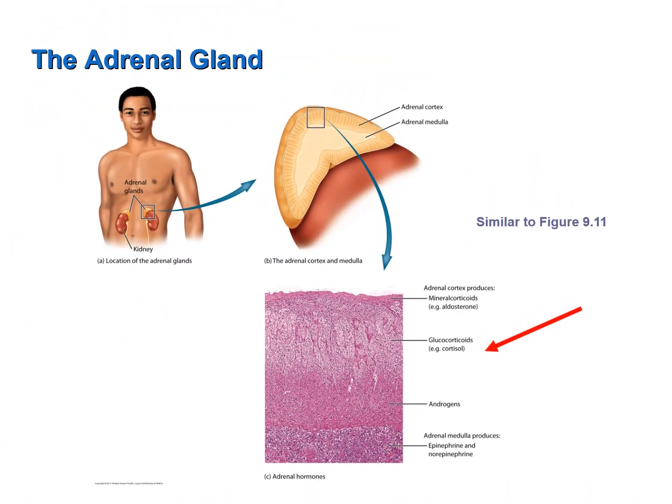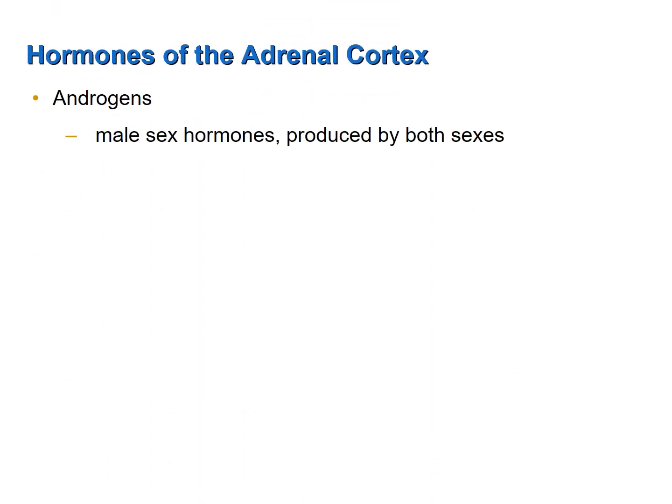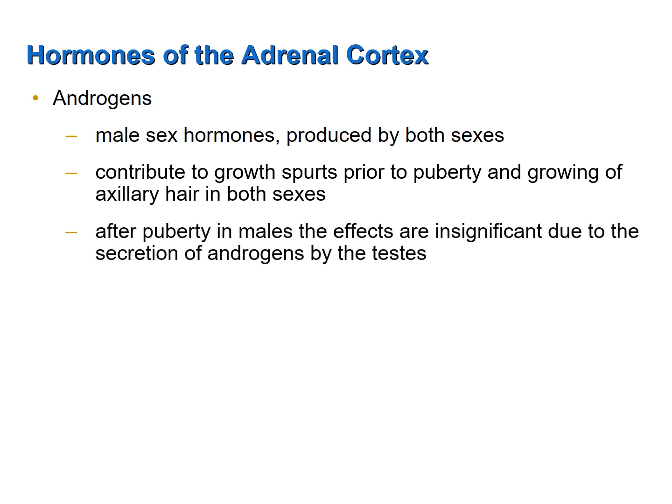The innermost layer of the adrenal cortex releases a group of hormones called androgens. Androgens are male sex hormones. Testosterone, for example, is an androgen. However, androgens are produced by the adrenal cortex of both sexes. Prior to puberty, androgens contribute to growth spurts as well as the development of underarm hair.